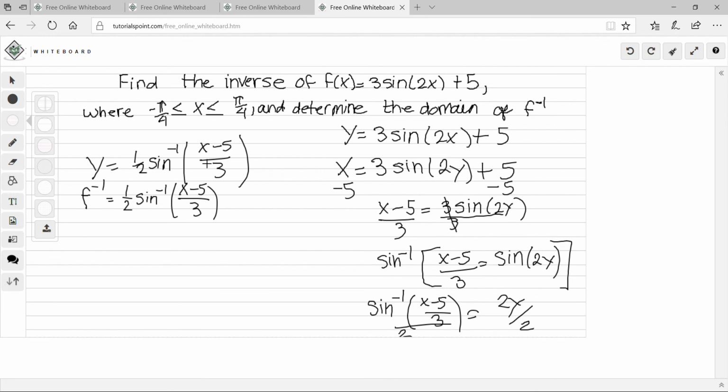So they want to know, we got to determine the domain of f inverse. So remember that if you want to take the inverse, you just switch the coordinates. So what I know is, I'm going back to the original equation, right? Sine of 2x.